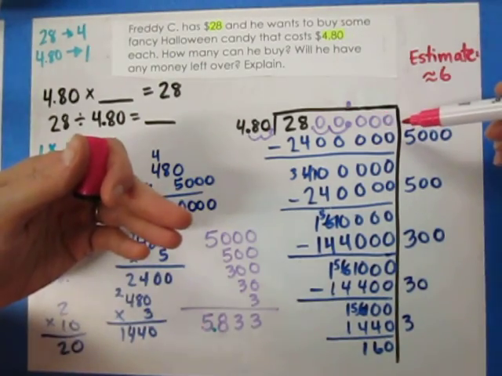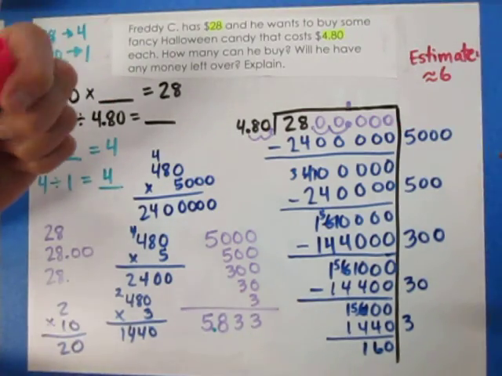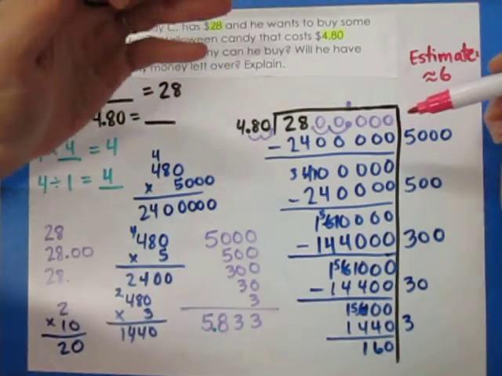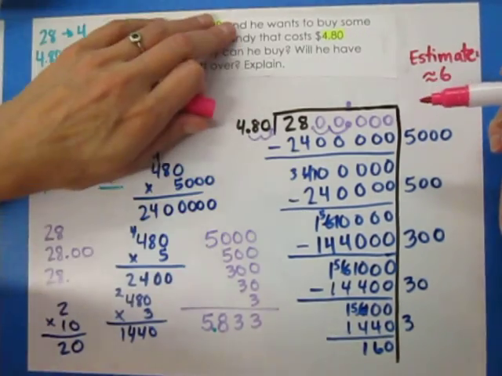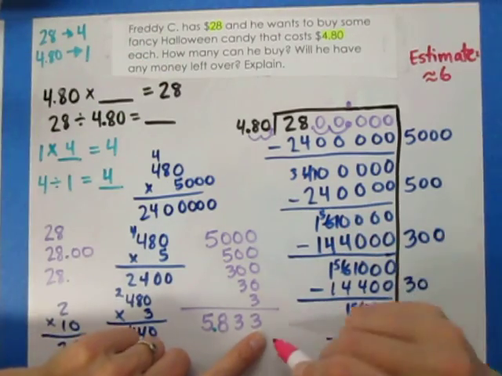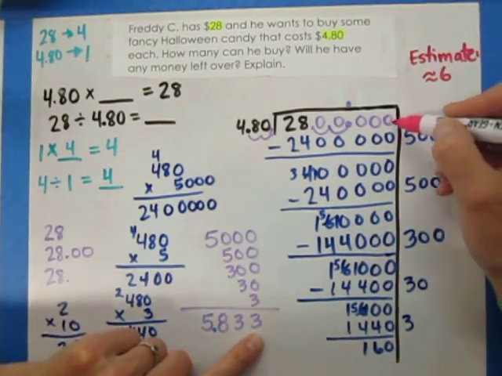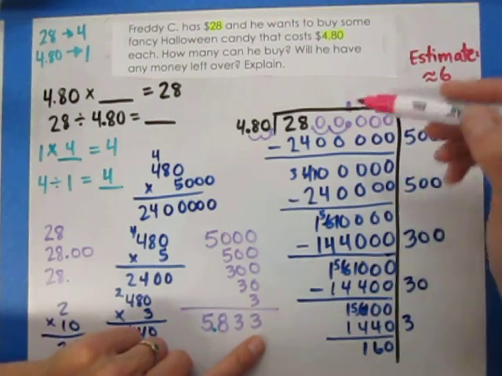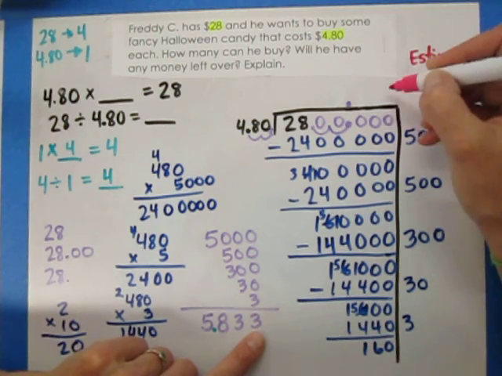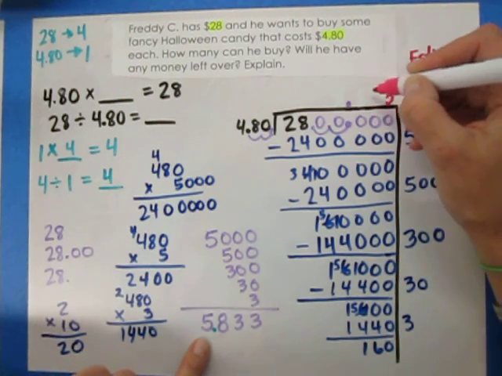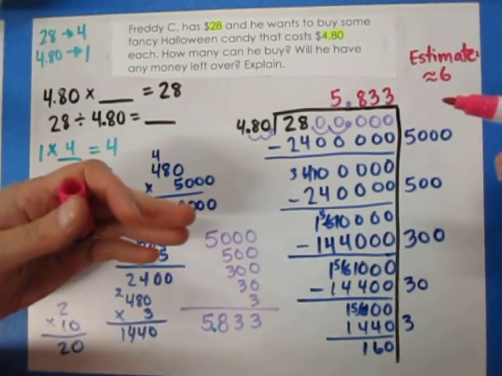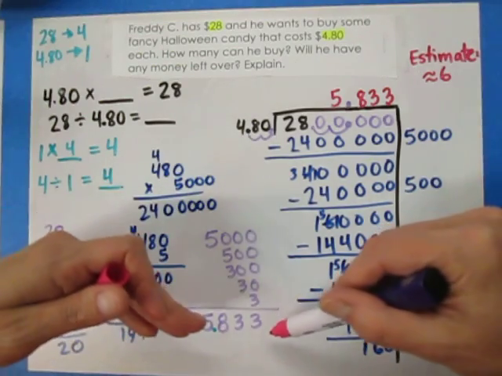We added as many zeros as we wanted to, and that was 3 because that's what Miss Crystal wants us to do, to round to the nearest hundredth. So 3 is the last digit, so it's going to go above the last digit. That's the rule. We went this far, that's how far the digits are going to go. So the last digit here goes with the last digit here. And then you just move this way: 3, 8, 5. So if the estimating doesn't make sense, that's the rule that you can remember.